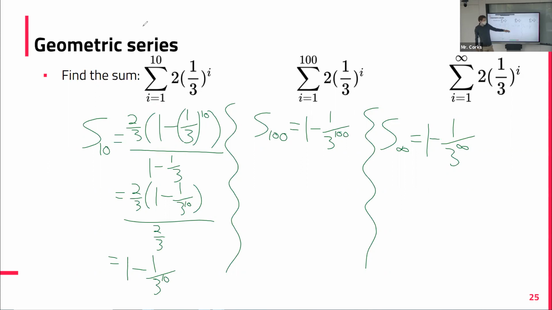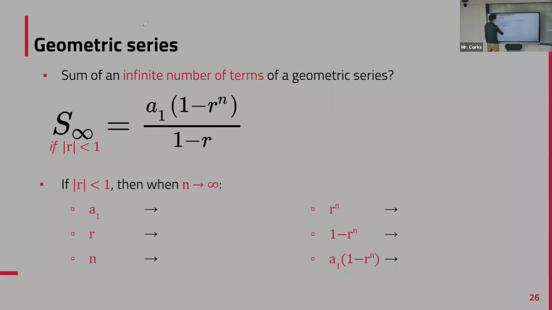Okay, very, very close to 1. So maybe equal to, where can I write a question mark? Maybe equal to 1.